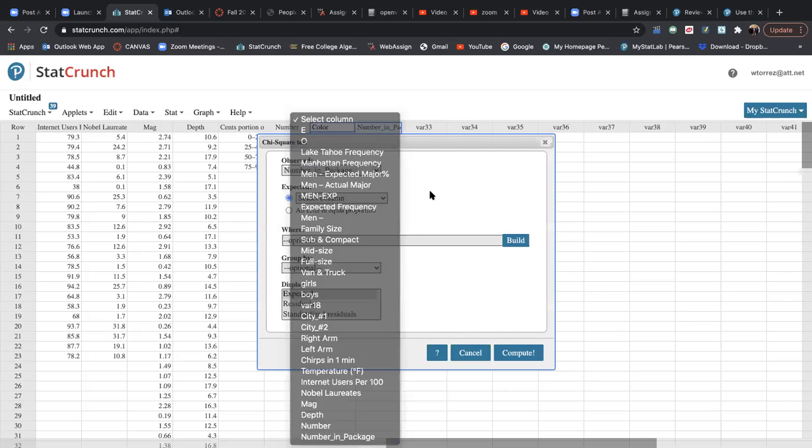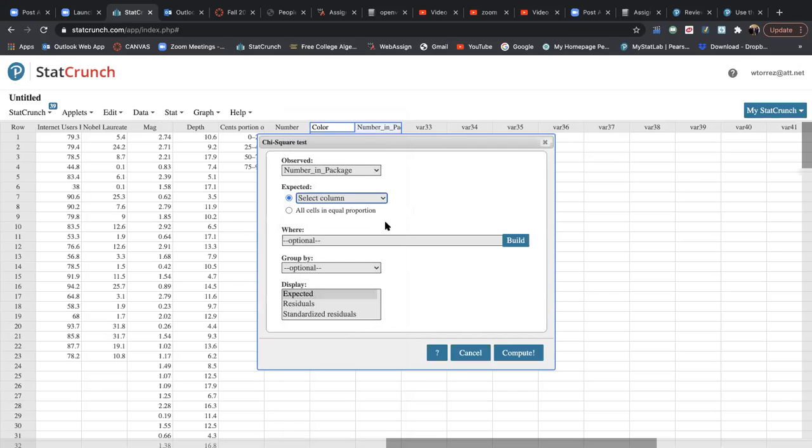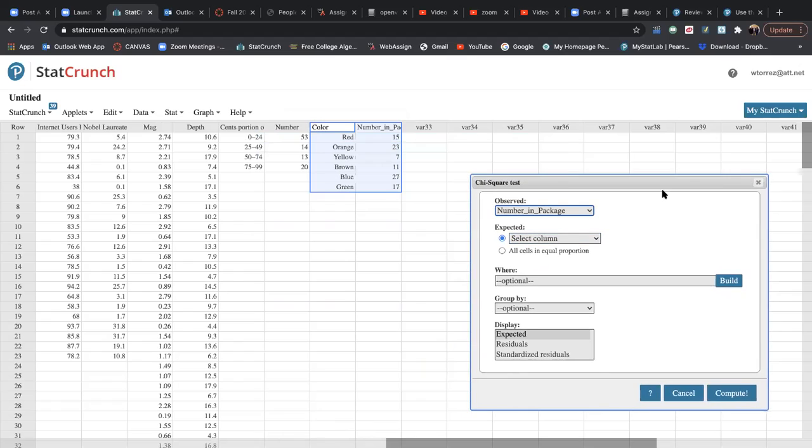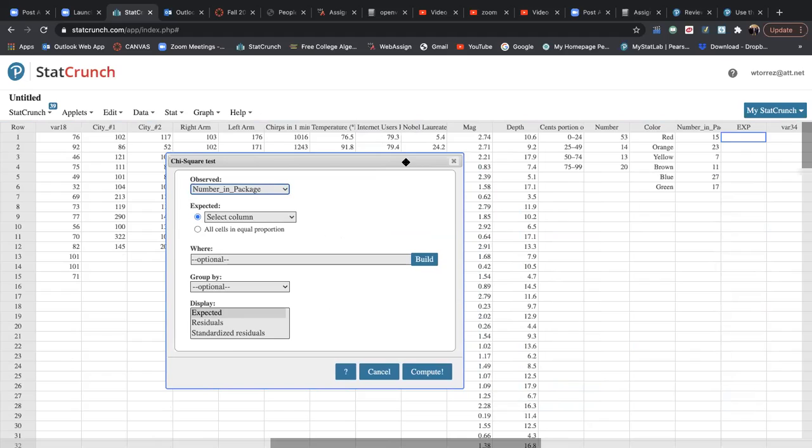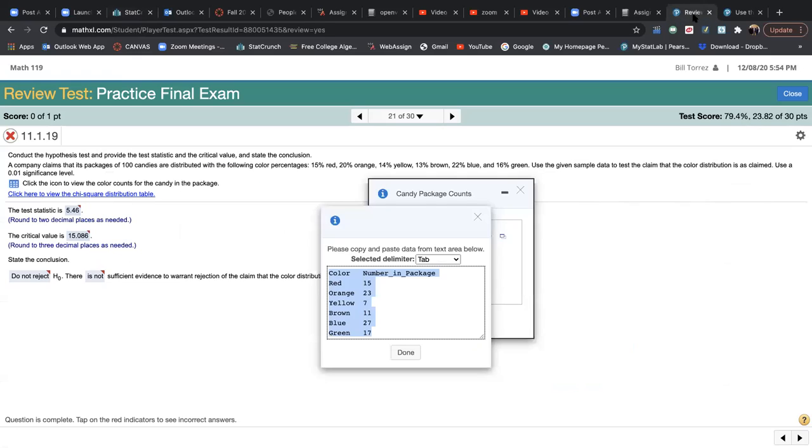If we multiply by 100, let's see. Let's put expected here. And for our expected values, let's see, out of 100 we would expect 15% or 15.